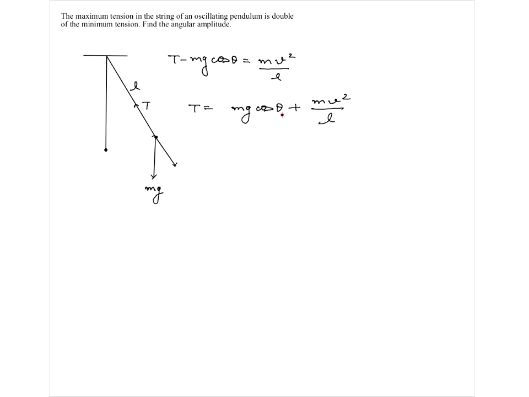So when theta is 0, tension should be maximum. And if theta is maximum, v is minimum, so extreme, T is minimum.